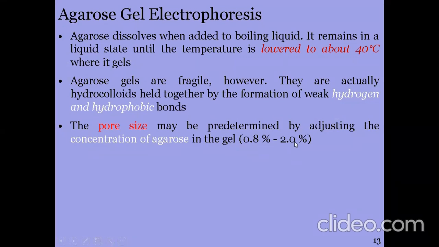Percent means, for 2%, 2 grams in 100 ml of water. So if we add 1 gram in 100 ml of water, and if we add 2 grams in 100 ml of water, what could be the difference?